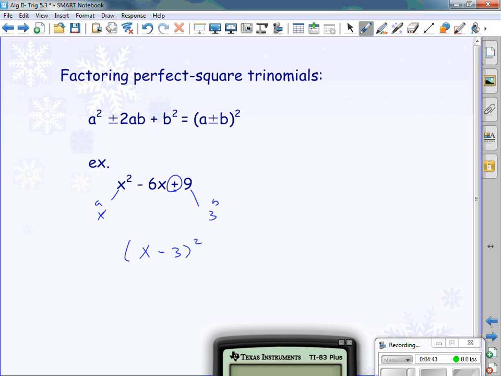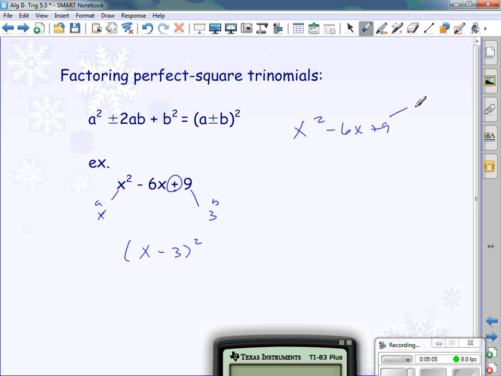So what you're trying to look for: can I take the square root of the first term? Can I take the square root of the second term? If I take 2 times those 2 square roots, is it equal to the middle term? You did something like it last night on homework. This is the way you did it. x squared minus 6x plus 9.